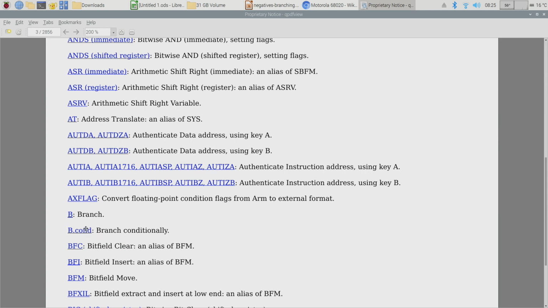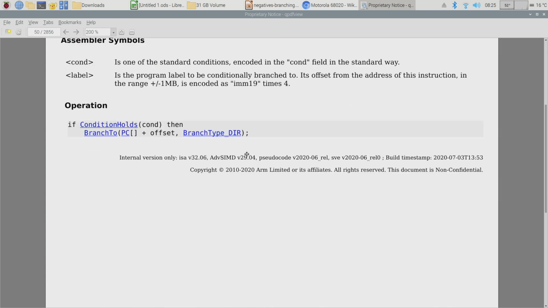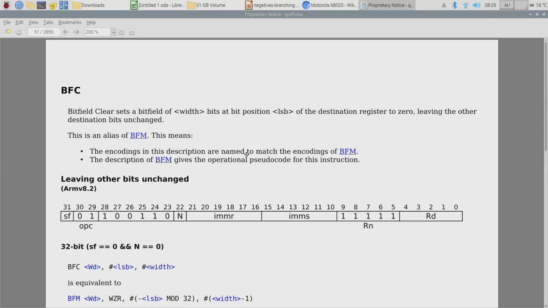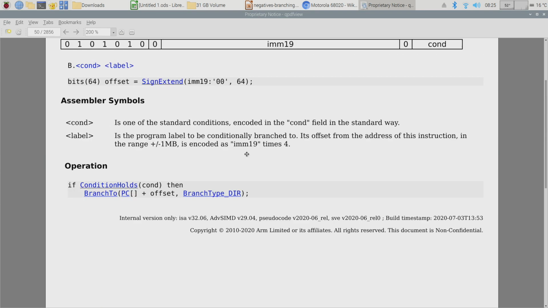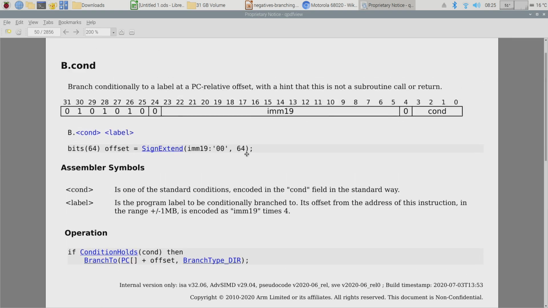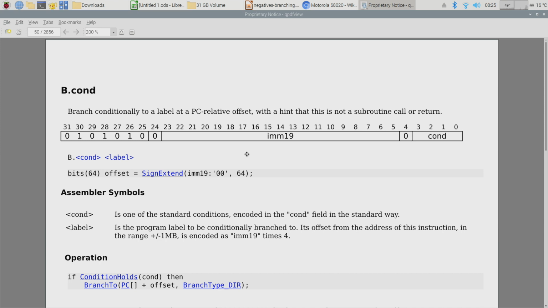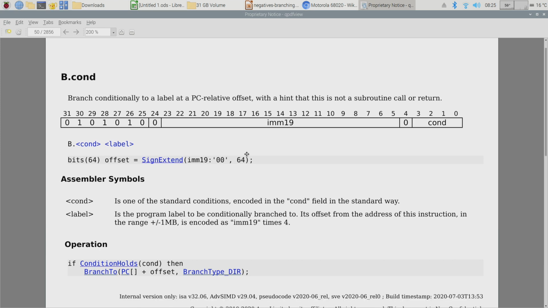Okay, here's the conditions. Okay, so it doesn't actually list them here anyway. But the encoding for this, by the way, is you've got 4 bits to set the type of branch condition. That gives you 16 different possibilities.